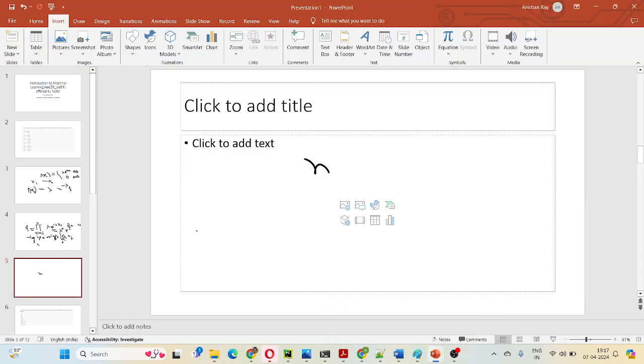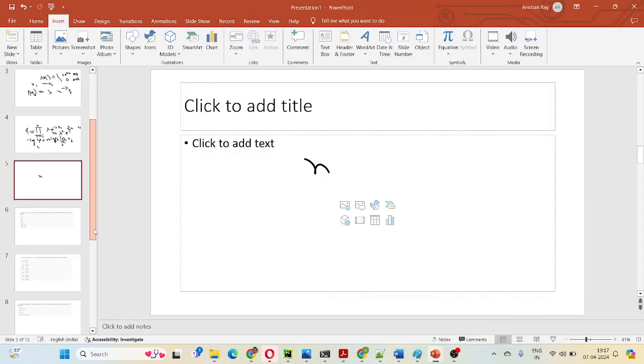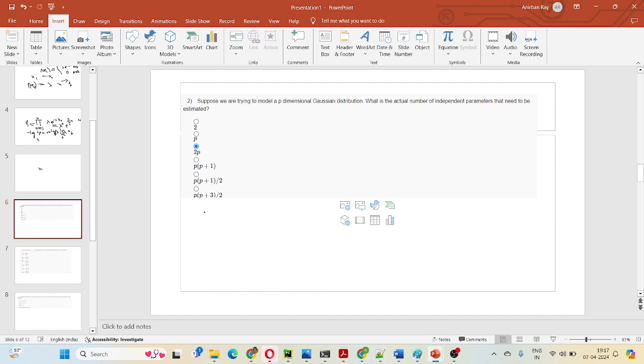Here we have a question as well. If a p-dimensional Gaussian is there, how many parameters do we have that need to be estimated? The number is huge, so let me show you how.